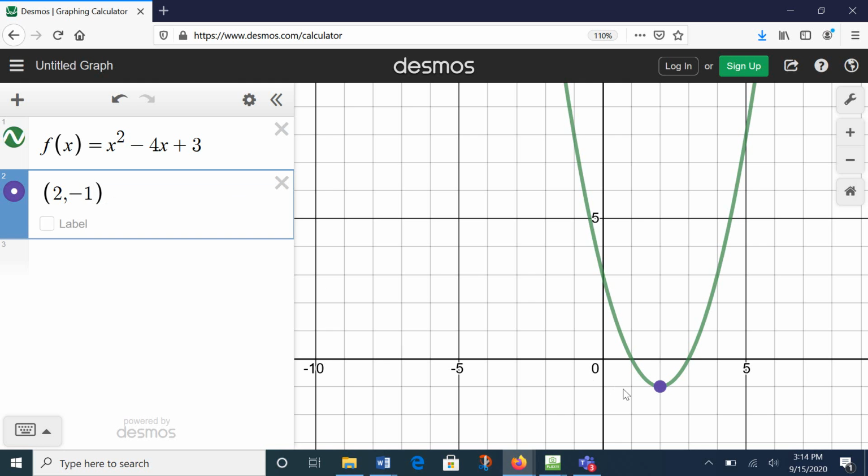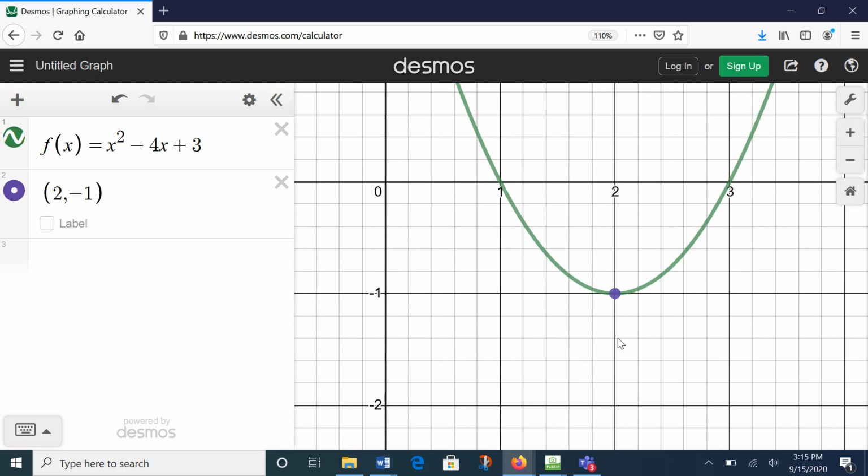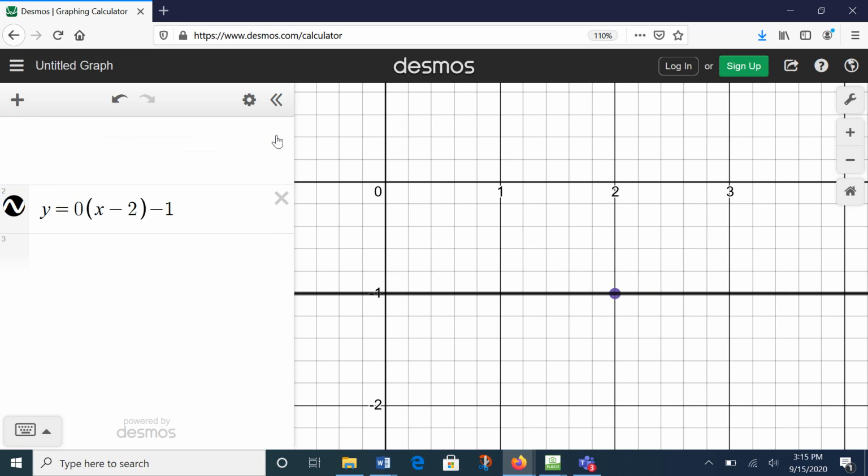So our point is right there at the vertex, and that makes sense that the slope of our tangent line will be 0 anyway, because right at that point the rate of change is 0. So let's just plug this in. Y equals 0 times x minus 2 minus 1, and there you have it. That's the equation of the line tangent to the point 2, negative 1. Okay. So let's go over a couple more examples here.